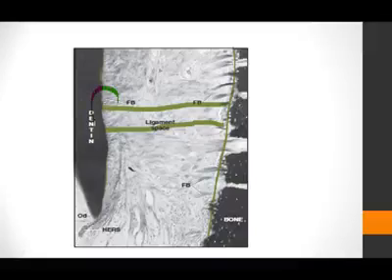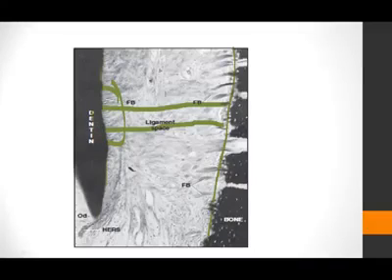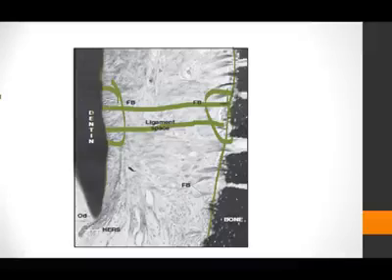And this embedded part of these fibers, this embedded part of the fiber within the cementum and the bone, is called the Sharpey's fibers. So the Sharpey's fibers basically are the embedded portion of the collagen fibers of the periodontal ligament that are embedded in the bone on one side and into the cementum on the opposite side.